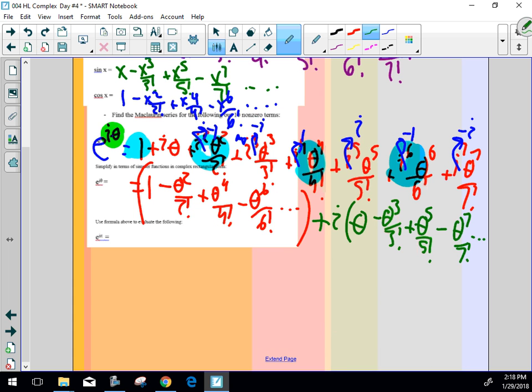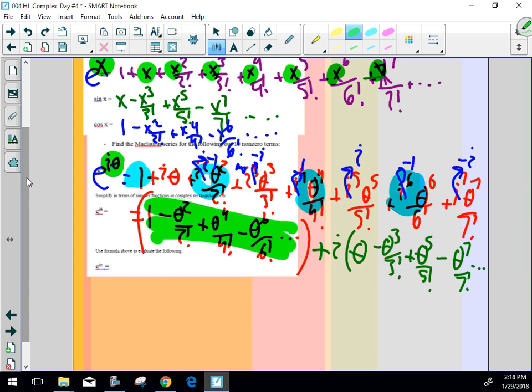Now, tell me, what is this whole thing equal to? Cosine theta, right? That. And what's this equal to? Sine theta.